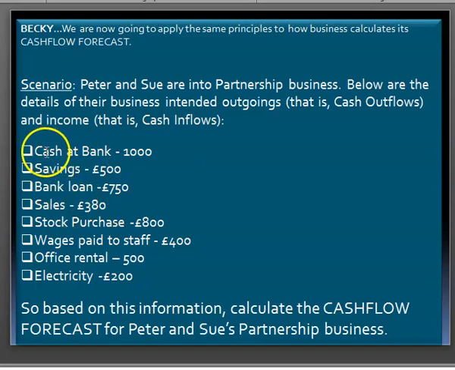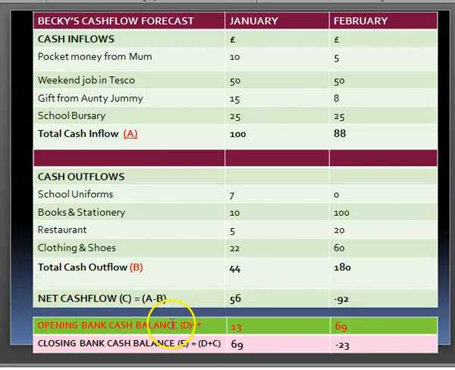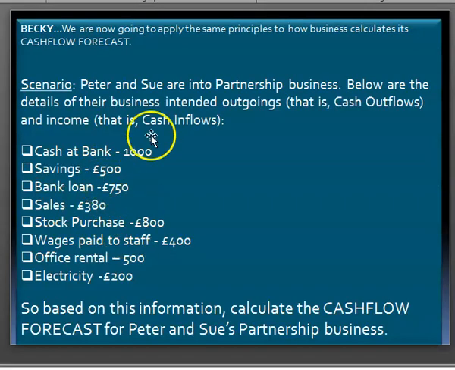So they have cash at bank, which is £1,000. That cash at bank means the opening balance, like you had your own opening balance here. You had £13 when you were starting. So the same way, Sue and Peter have £1,000 in the bank account. Then they have savings, £500.